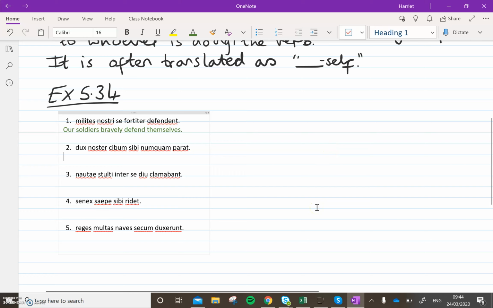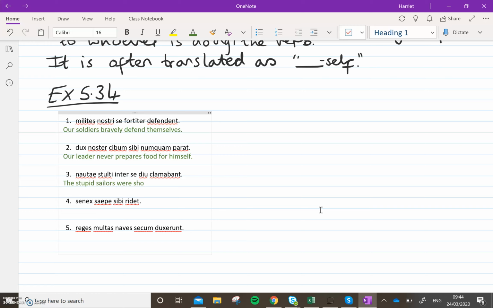Okay, number 2, our leader never prepares food for himself because we've got sibi, the dative there. And again, that's referring to the doer of the verb, so it must be him, i.e. our leader.